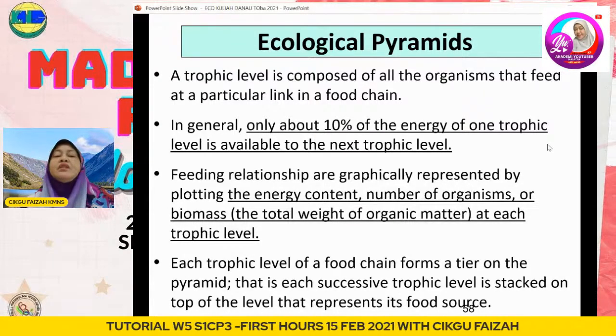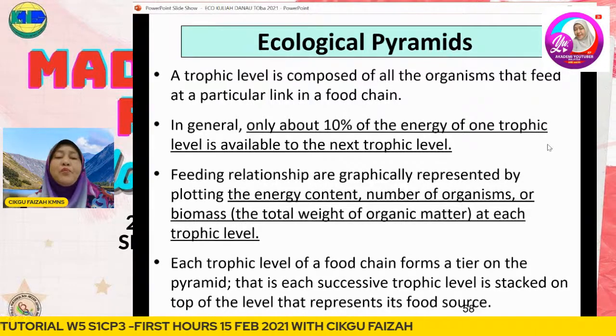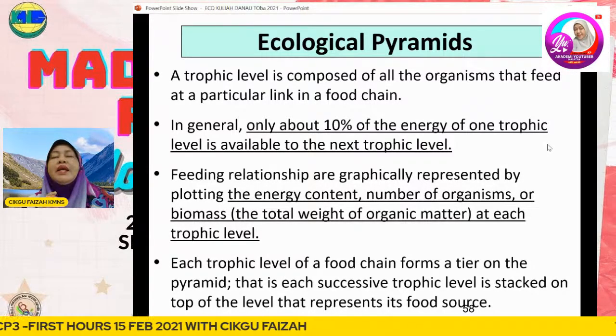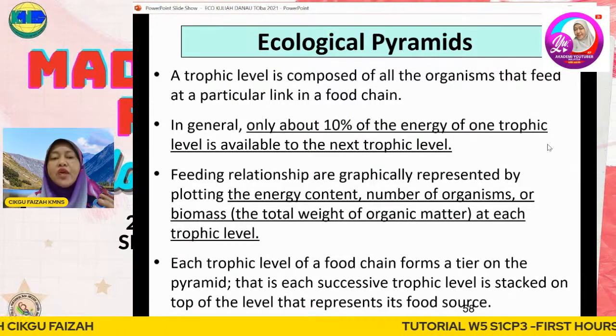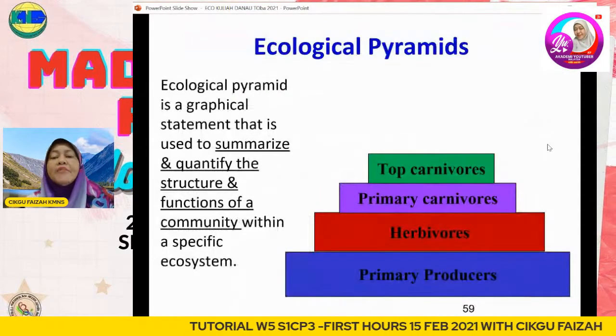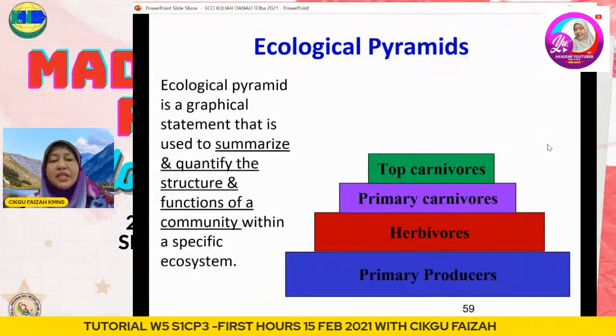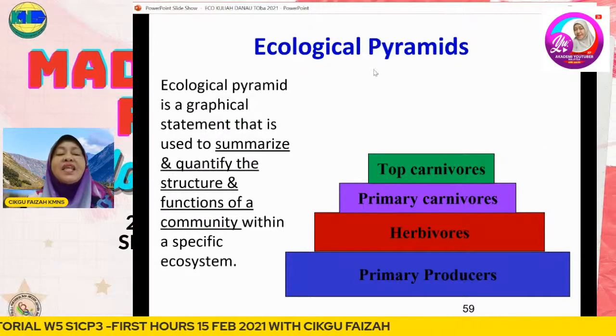Why? Because it is very popular in essay questions. Okay? So, please put 5 stars for ecological pyramid for your PSPM 2. Right? Okay, why? Because an ecological pyramid is actually a graphical statement.